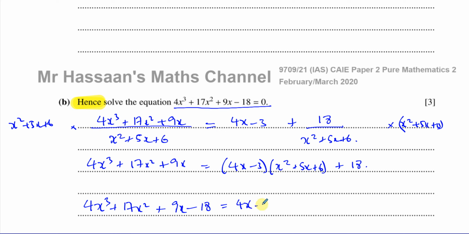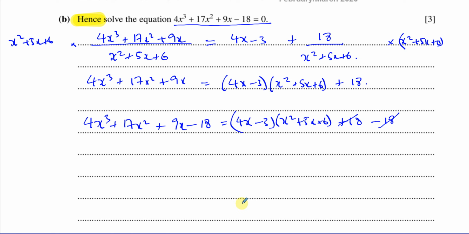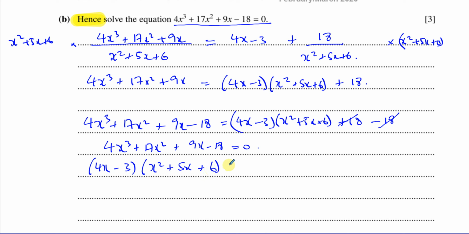So 4x minus 3 times x squared plus 5x plus 6, plus 18 minus 18. They've gone. So I can rewrite the equation we have to solve, 4x cubed plus 17x squared plus 9x minus 18 equals 0, as 4x minus 3 times x squared plus 5x plus 6 equals 0.